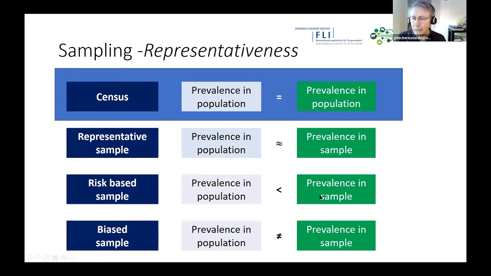So the important thing is that we know right off the bat when we design these surveillance systems that the prevalence in the samples that we're taking, because we're looking at high risk subpopulations, we expect the prevalence to be higher in our sample. So this makes it somewhat difficult to generalize prevalence estimates across the whole population because of the way that we sample.